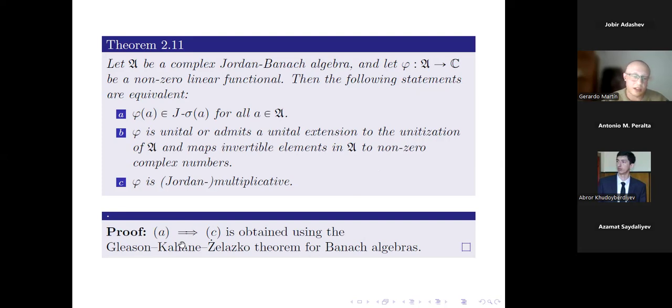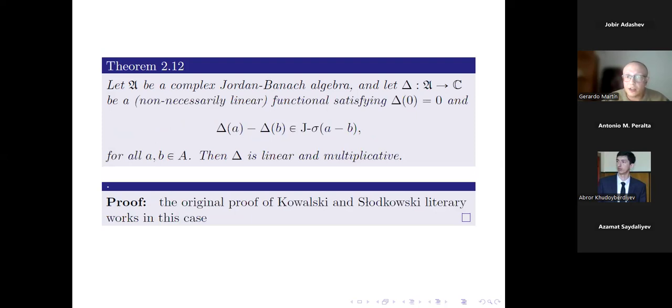The proof, the most difficult part, is proving that A plus C is obtained using the Gleason-Kahane-Żelazko theorem for Banach algebras. In the case of the Kowalski-Słodkowski theorem for Jordan Banach algebras, we notice that the original proof by Kowalski-Słodkowski works in this case.